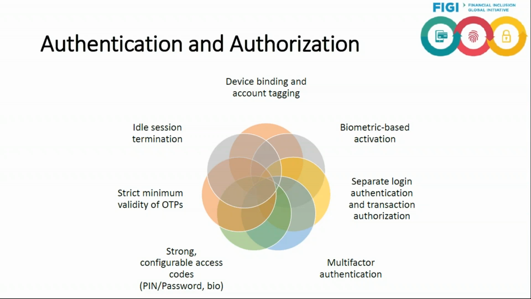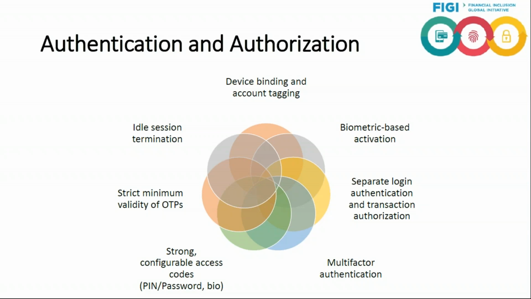So this acts as strong customer authentication, because if the customer is consenting for the activation of the app, the bank is responsible to first verify that the person who is requesting the activation of such services is the person who he claims to be.